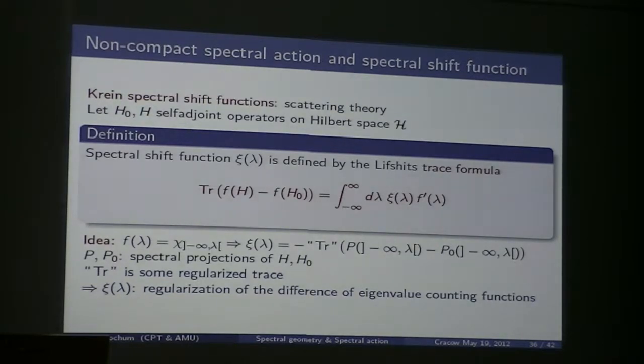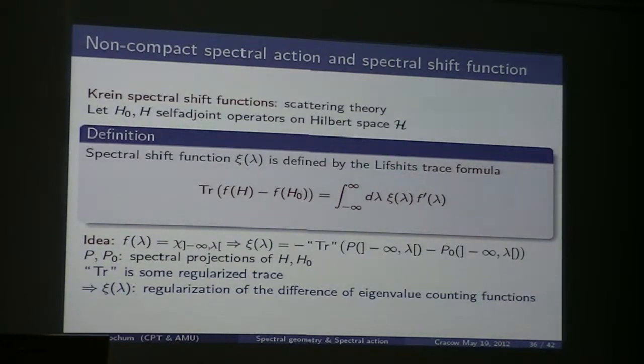So what about what I said about the formula, namely the Krein spectral shift function? Well, it first appeared in scattering theory, and it's based on the following quite technical but remarkable and important point. If you start with a couple of self-adjoint operators on some Hilbert space, then the spectral shift function psi of lambda, which is the original definition of Lifshitz.